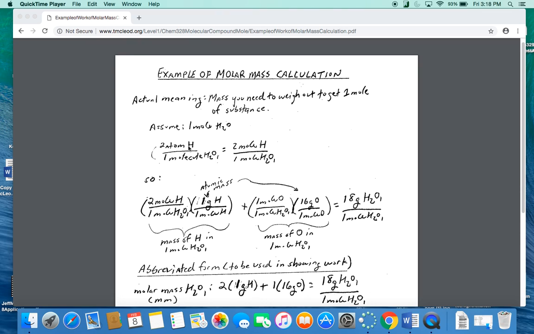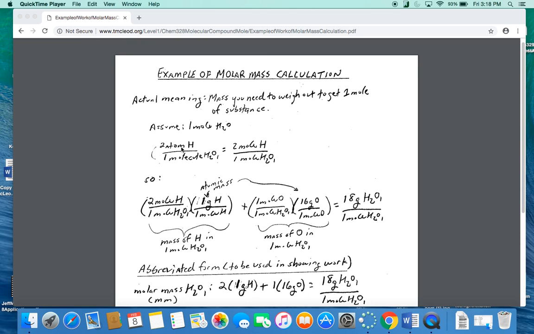Since there are a lot of atoms and a lot of molecules in any amount you weigh out, chemists have created the concept of the mole. The mole is 6.02 times 10 to the 23rd of anything.